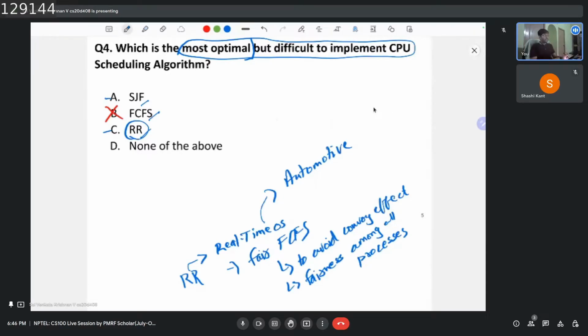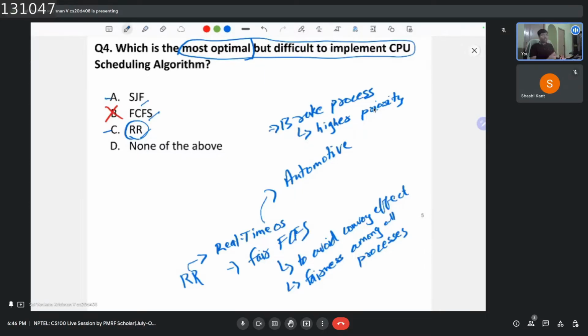Say some brake process, which in a real-time system is a life and death matter, right? So in that case, the brake process should be given a higher priority, and whatever process is currently executing should be stopped immediately, and the CPU should be executing this brake process.